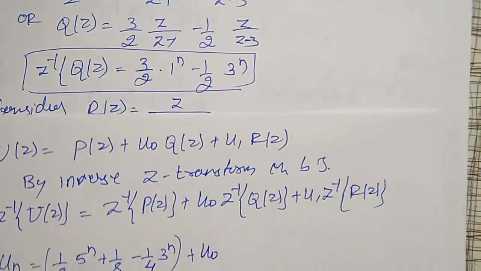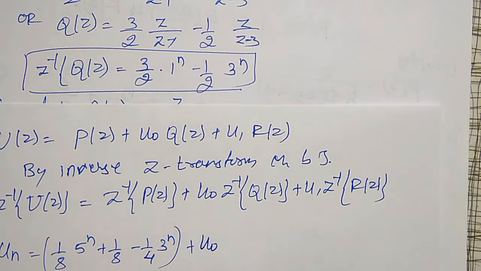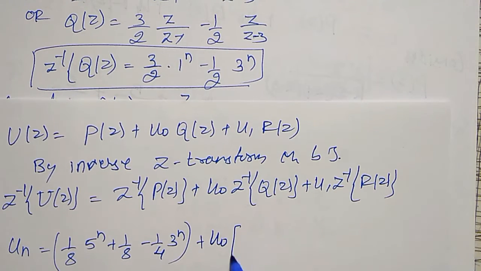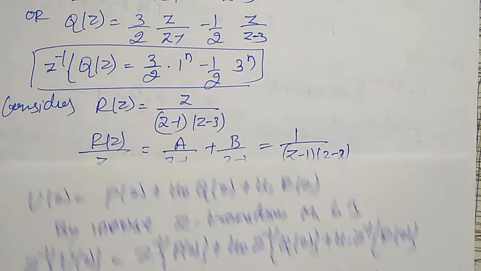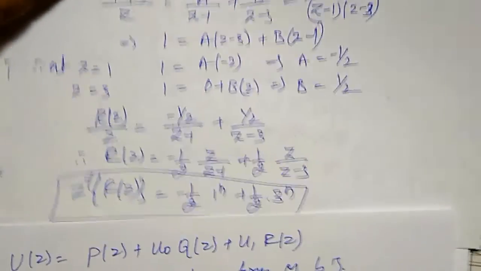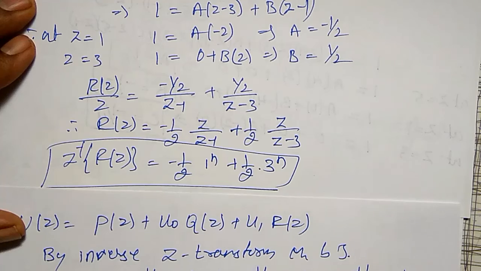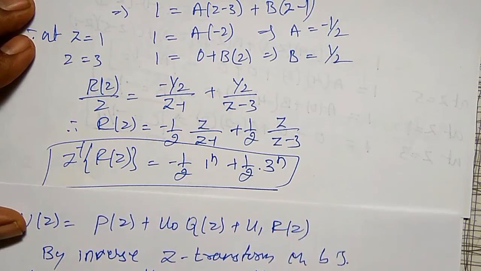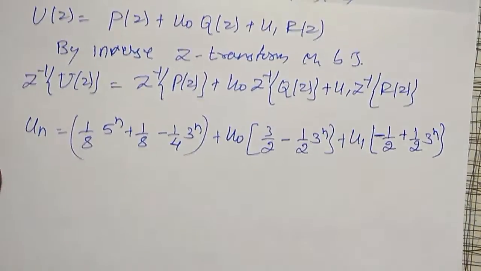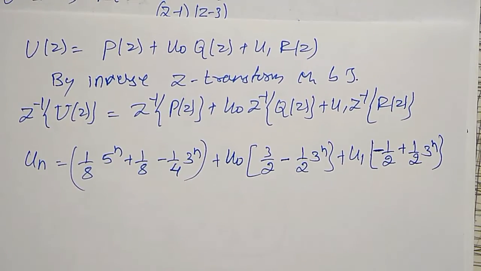Q of z, here it is, that is 3 by 2 minus 1 by 2 times 3 raised to n, plus u1 into the inverse z transform of r of z. R of z is nothing but minus 1 by 2, 1 raised to n is 1, plus 1 by 2, 3 raised to n. Using all these three I will combine them.